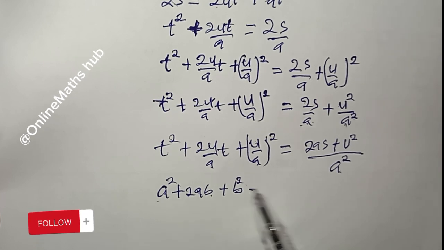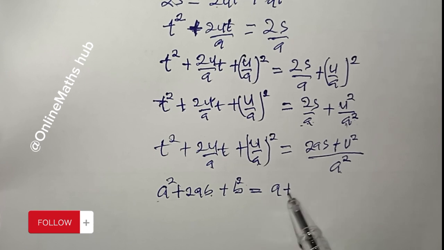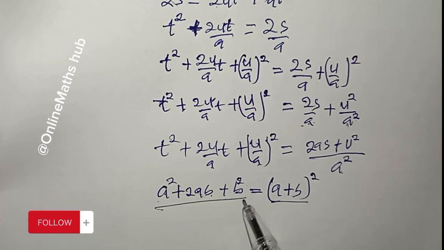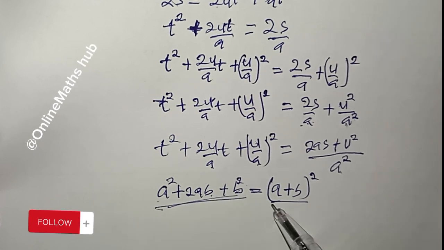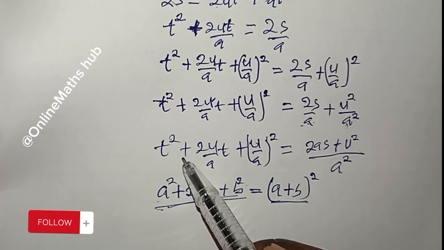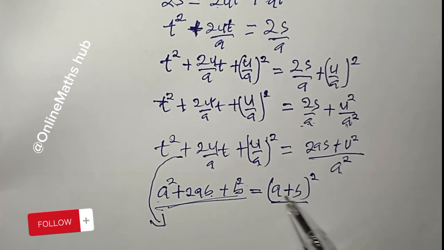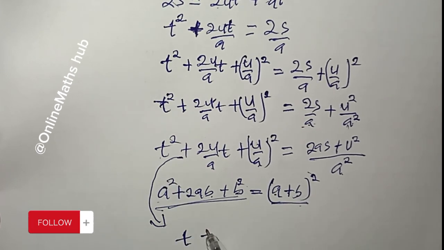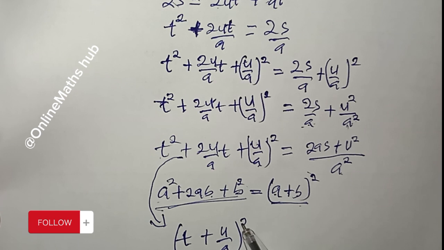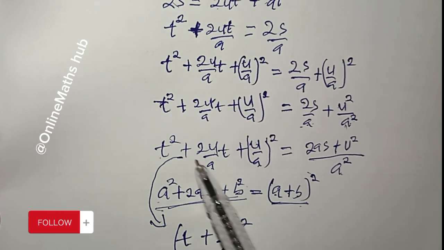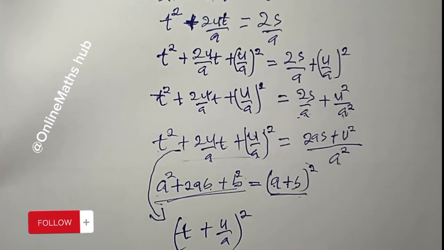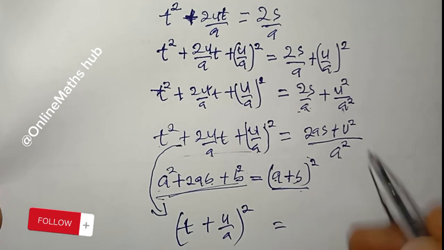You also know that it is the expansion of a plus b squared that gave rise to this. So I'm going to write this in the form of a plus b all squared. Our a here is t, and our b is u over a, all squared. If you expand this, it will give rise to this one over here.